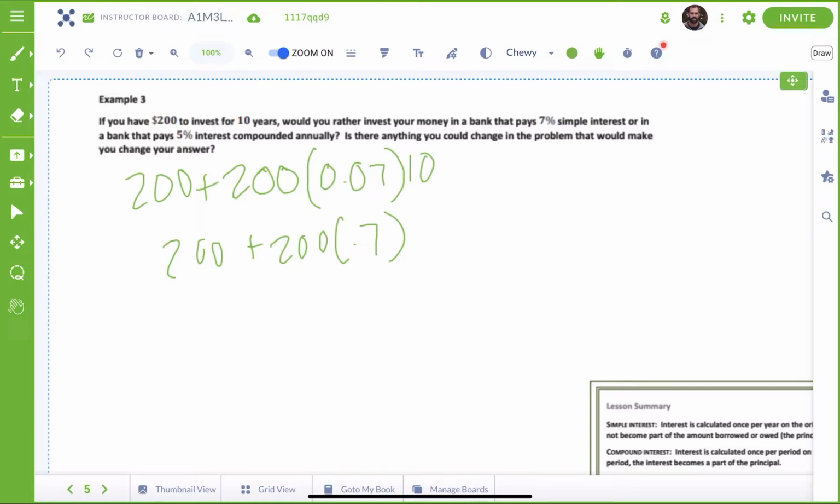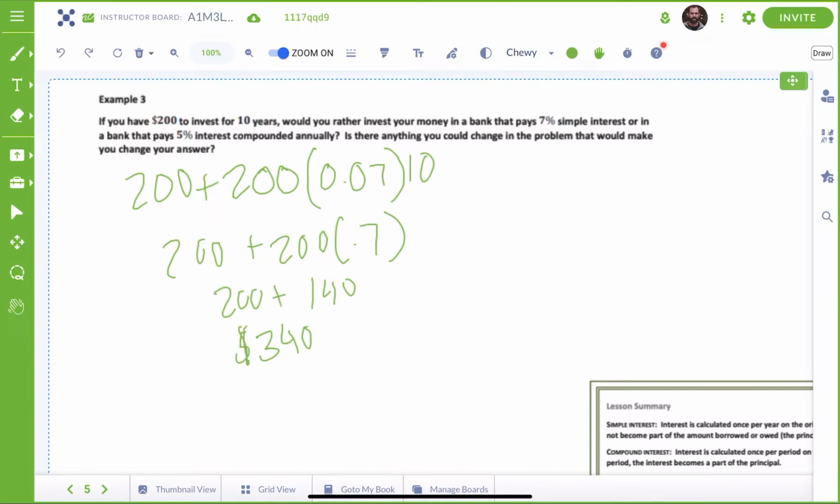I'm just going to do that on the calculator to make sure. Yes, that is $140. So you would have $340 after 10 years with simple interest. Okay, that is with simple interest.